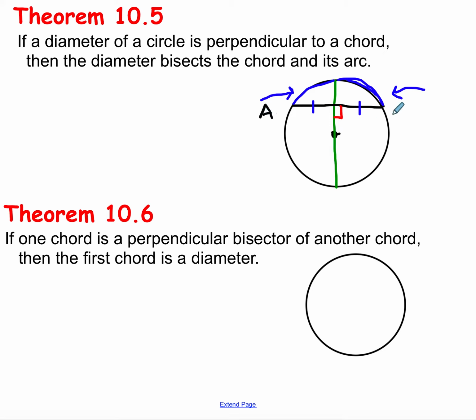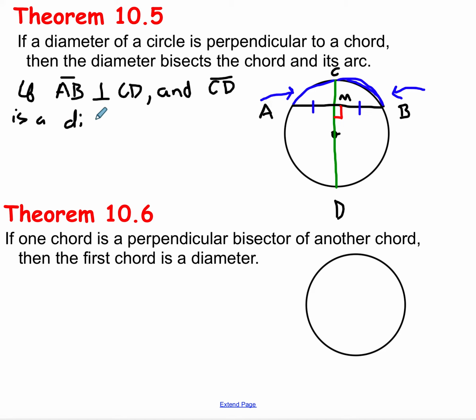So let's say this chord is going to be AB, this diameter is going to be CD, and they're going to meet at point M. Then what we would say is if the diameter of a circle, so if in our picture AB is perpendicular to CD, and in this case, CD is a diameter, then both of the following things are true.